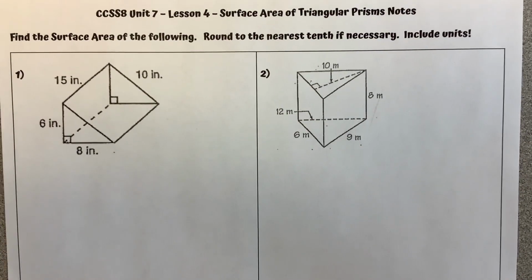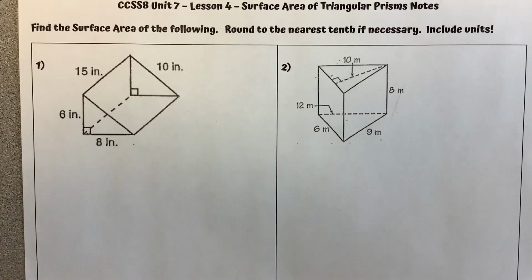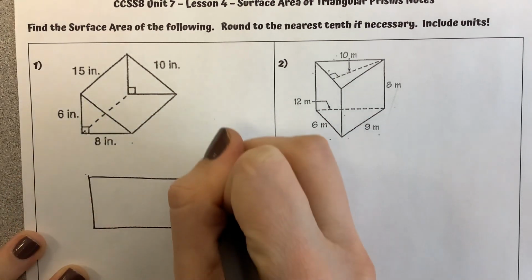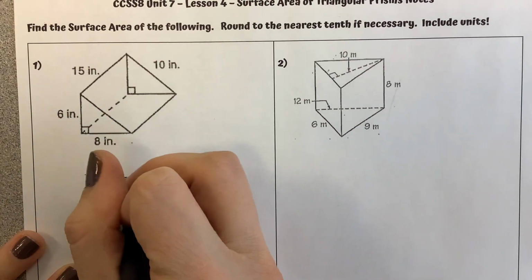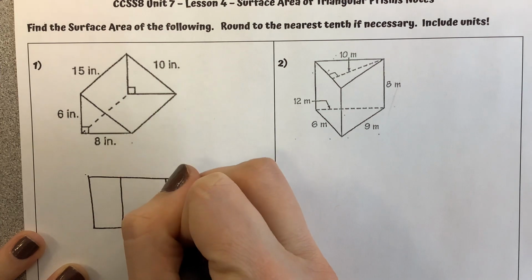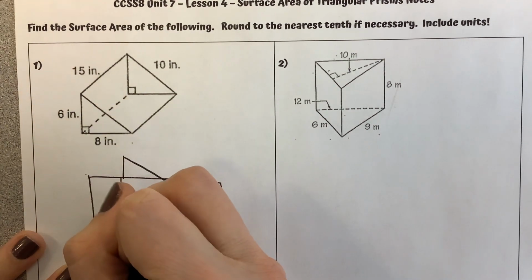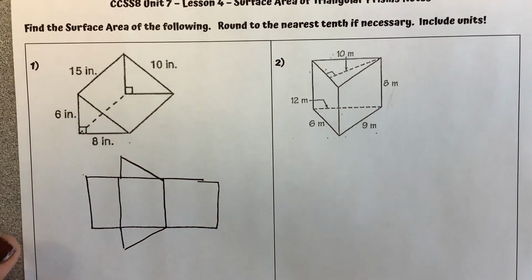For this first one, I'm going to draw out a little sketch of the triangular prism. The rest of them I am not, okay? So if I think about this, I've got three lateral sides, 1, 2, 3. And then we have a triangular base.